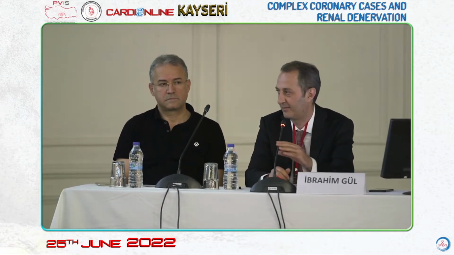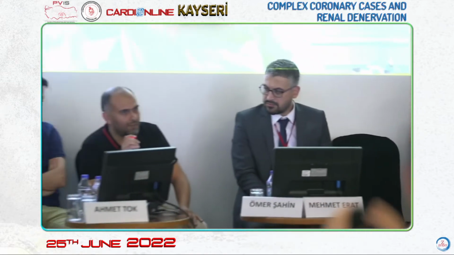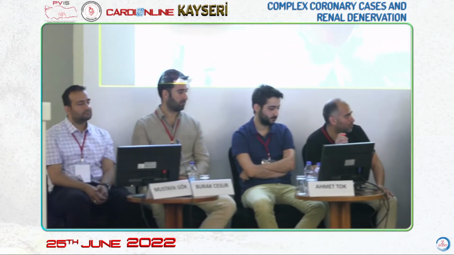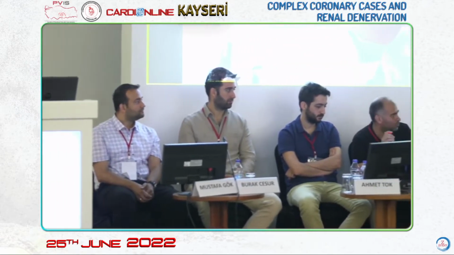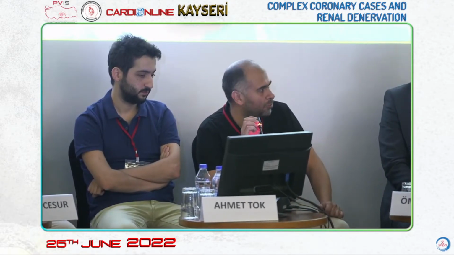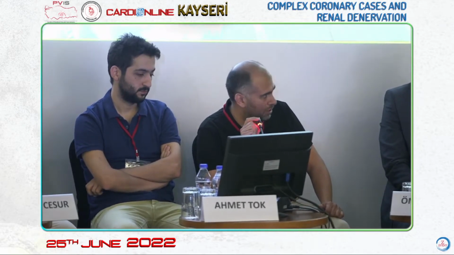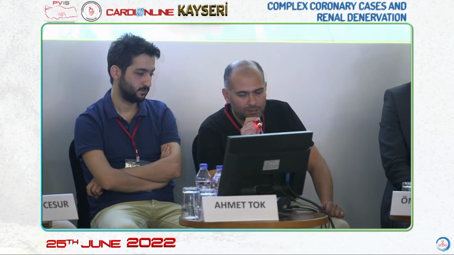Anyone, any questions, any comments? Sometimes you have to be quick about it, and the hydrophilic wire should be selected for the side branch. In the past, some hydrophilic wires were selected, and it should be hydrophilic. This is the jail wire.